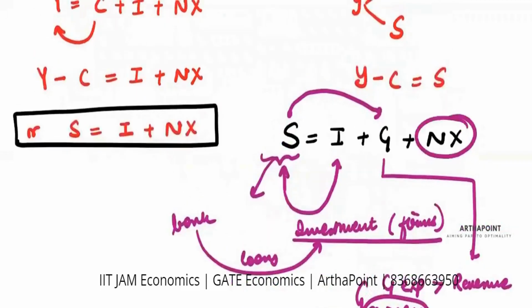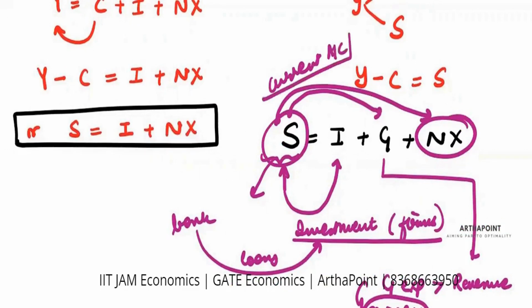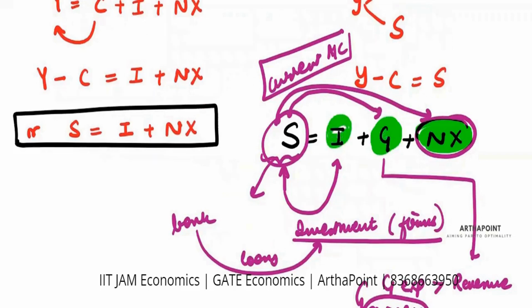And third is net export. The saving of the people can be used to fund the current account deficit of any economy. So the savings can be used for the external sector to maintain external balance, for internal sector to maintain internal balance, and to spur the investment in any economy.